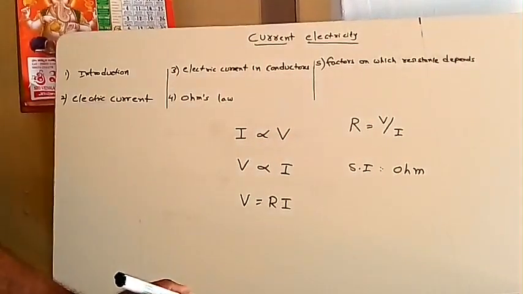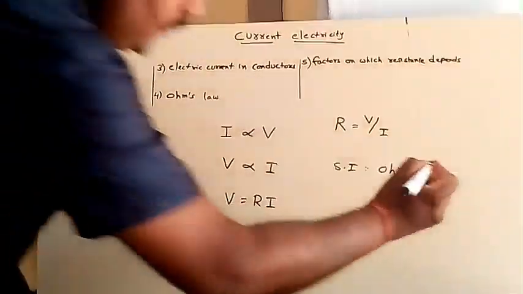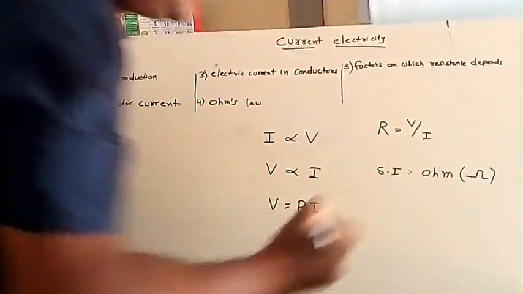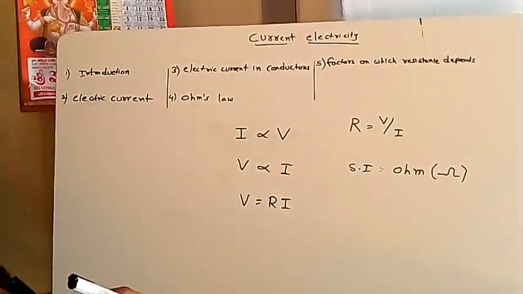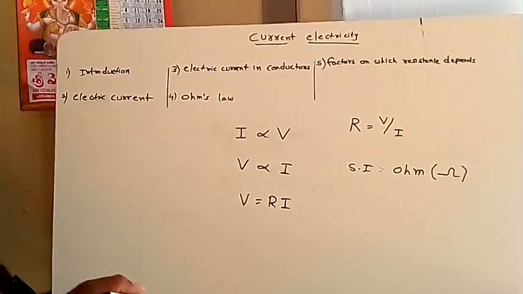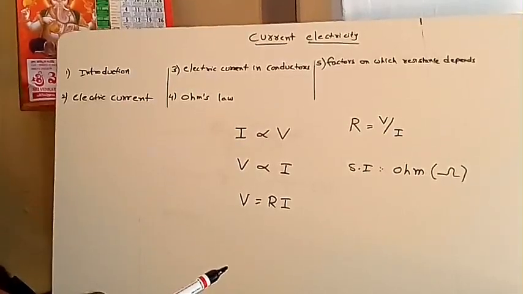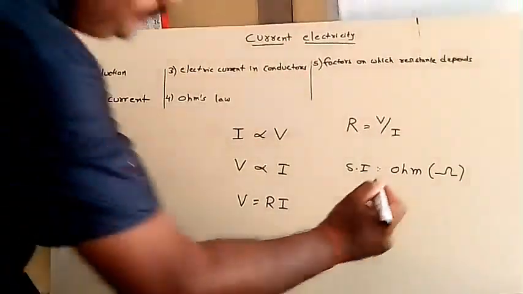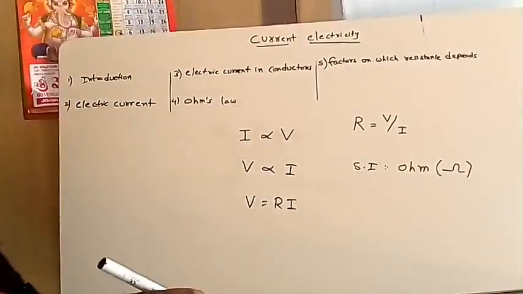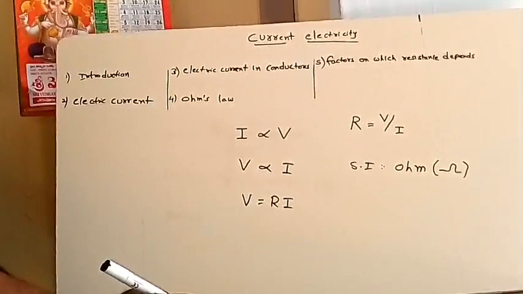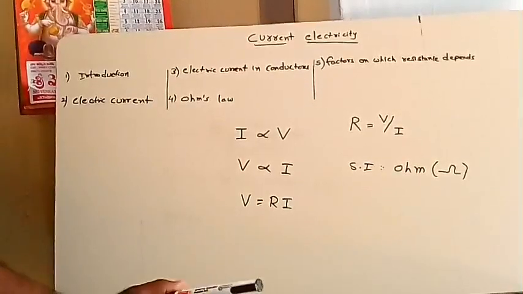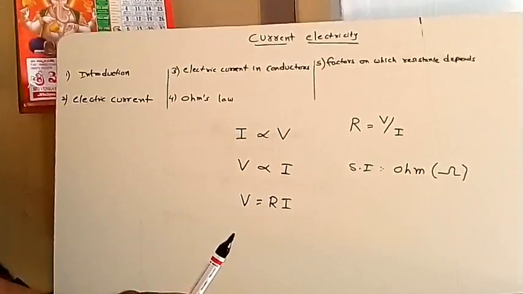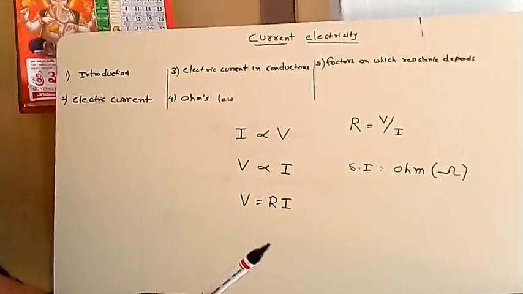Its SI unit is ohm. Symbolically, you can represent it like this. Now, define ohm. If the current passing through the conductor is 1 ampere, to develop a potential difference of 1 volt, then that resistance is said to be 1 ohm.